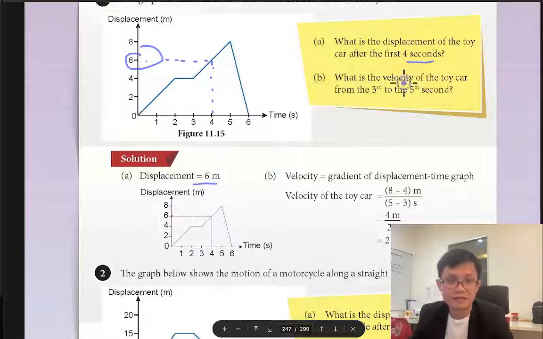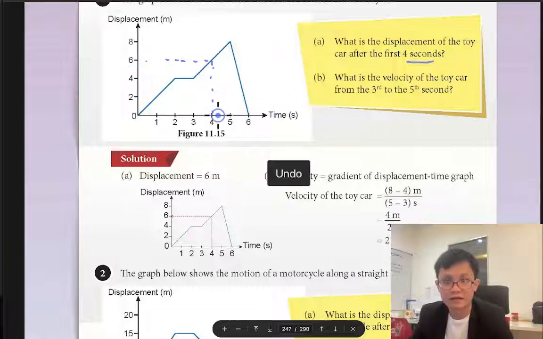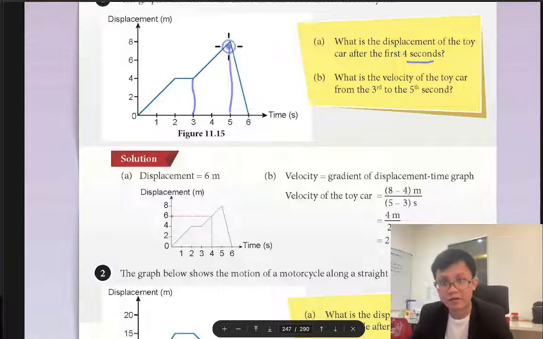And then what is the velocity of the toy car in the 3rd and the 5th second? So there are two questions I need to do. The first one is the 3rd second, another one is the 5th second. The velocity. And this is 4, this is 8. Velocity equals to what?